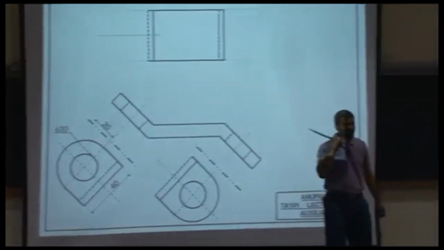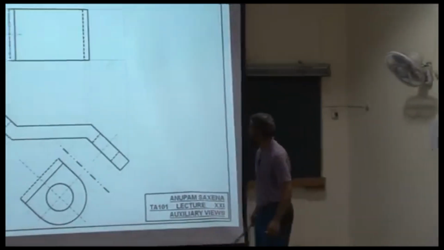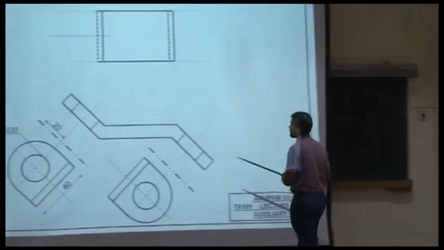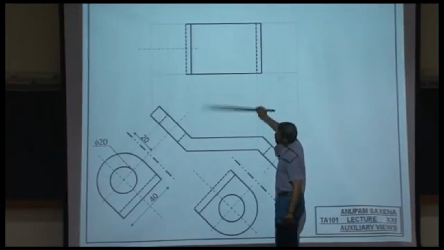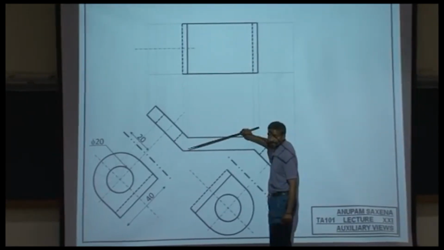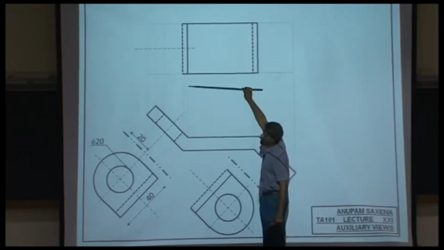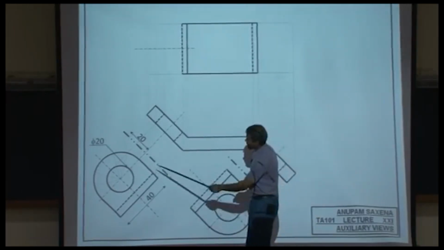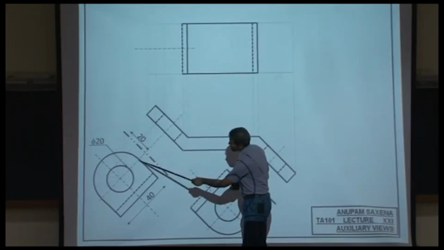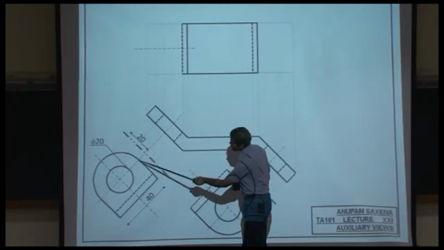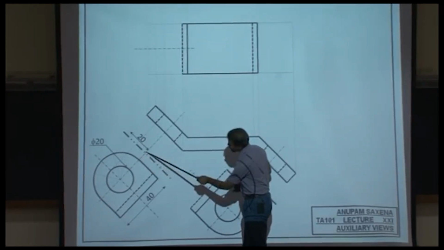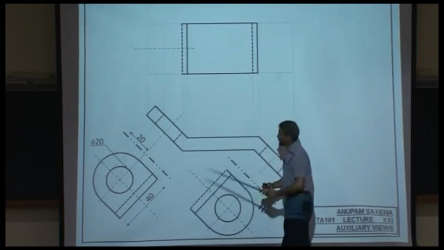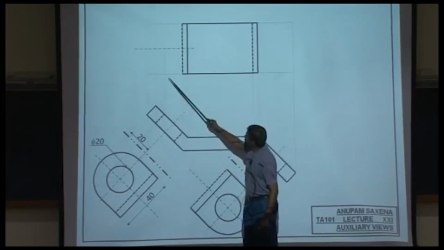And here comes the critical part. Of course, these two views are going to be separated by a hinge line. How do you find the position of this hinge line? To do that, look at this feature and take the distance of this point from the hinge line over here. This feature is going to be lying where?